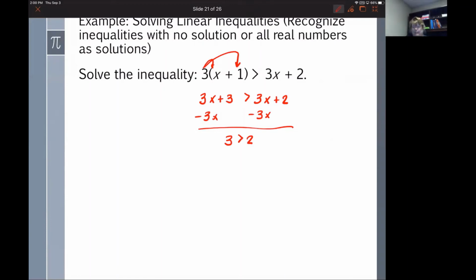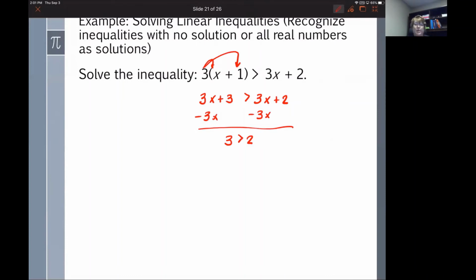So what's this mean? This means that it doesn't matter what you plug in for x, it'll work. You can put any real number you want in for x, and the inequality will be true.